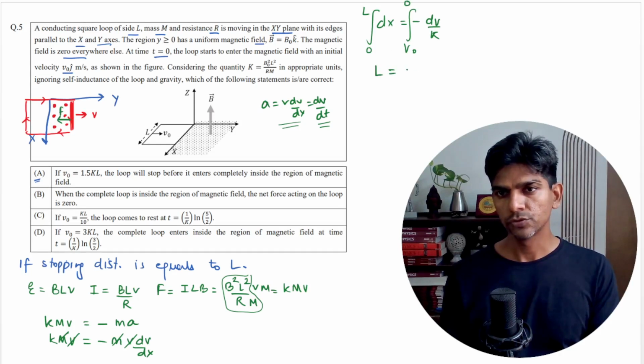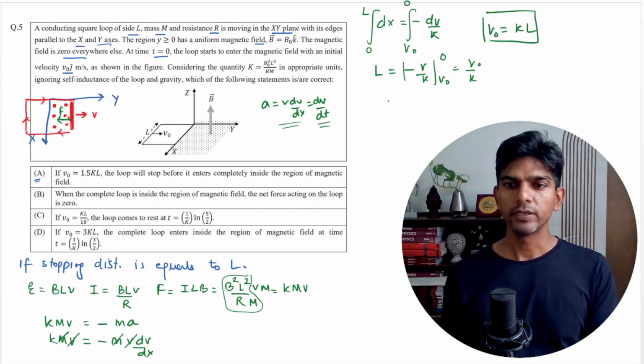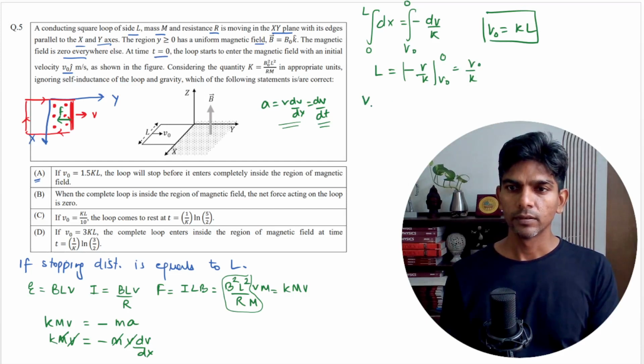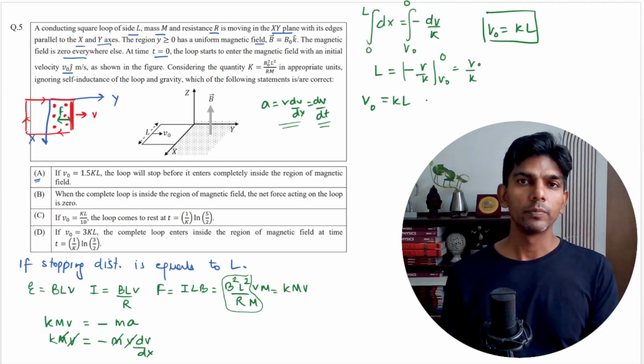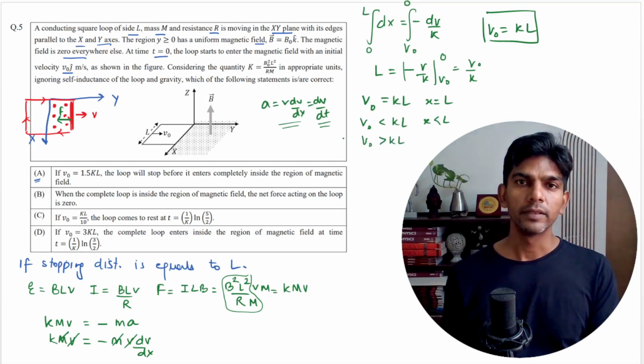So L is equal to minus v by k, and the limit will be from v0 to 0. So that will be v0 by k. So we can say v0 will be k times L. So it means if v0 is equal to kL, then the stopping distance will be L, and if v0 is less than kL, then stopping distance will be less than L. And if V naught is greater than KL, then it won't stop, right?